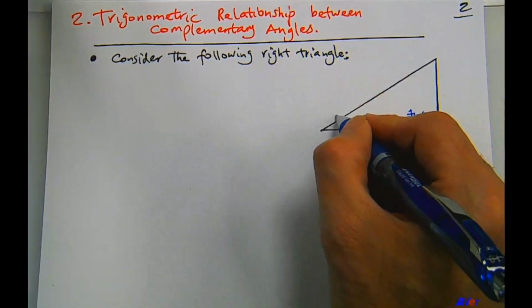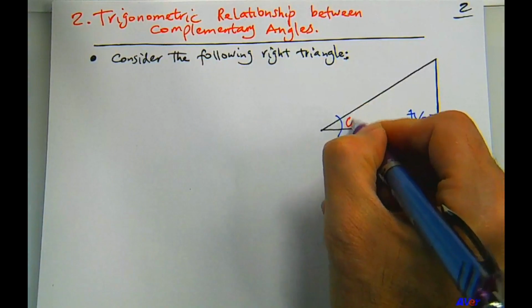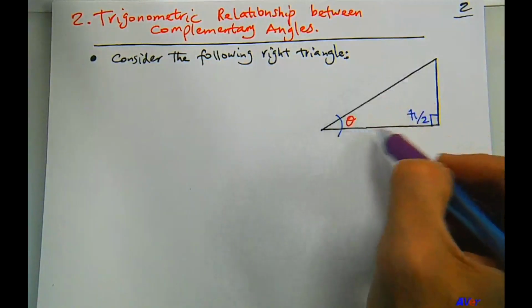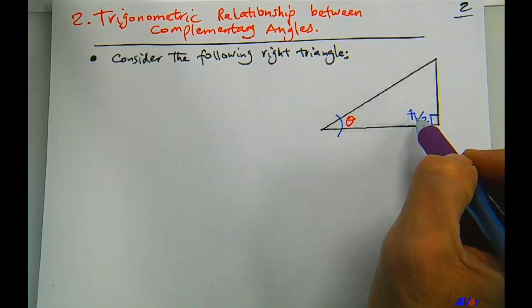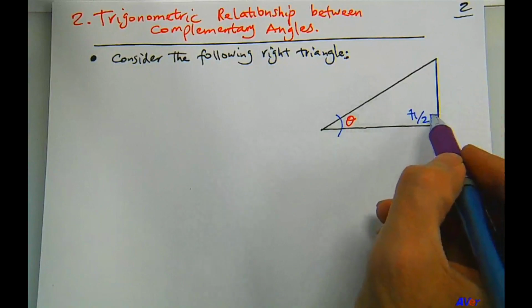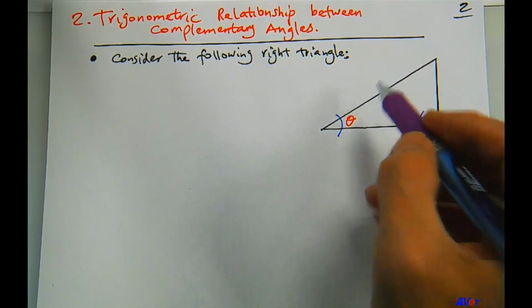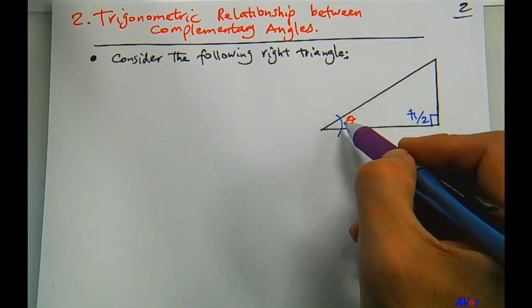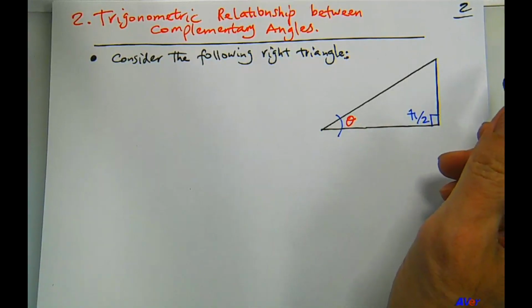So if I call this angle theta, then if the summation of all angles within any triangle is 180 degrees, and I know this corner angle is pi over 2 or 90 degrees, so these two should add up to 90 degrees, right? Because this plus that is 90 degrees plus 90 degrees, we get 180 degrees.